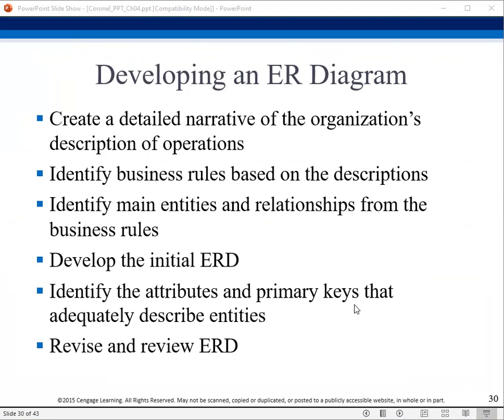The process of developing an entity relationship diagram is first we've got to interview the managers and users, and go through the documentation and create a detailed narrative of the organization's operations. We use the descriptions we have to develop business rules.